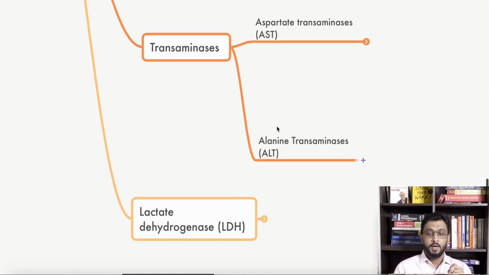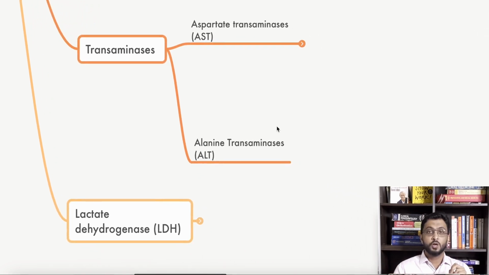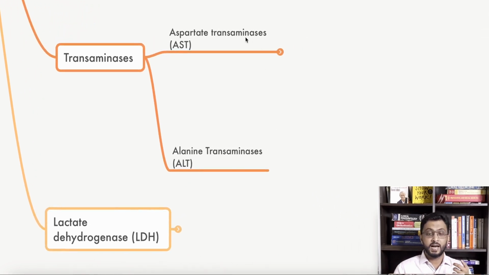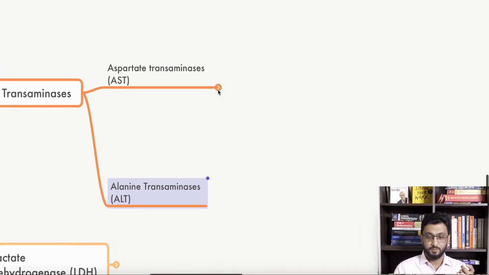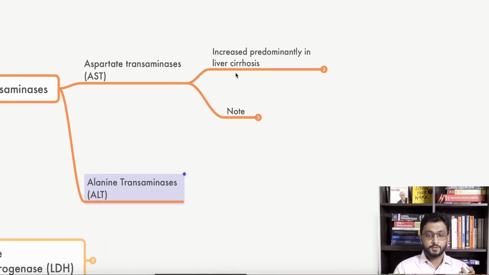That's the key. Another enzyme group you have to notice: transaminases, which are aspartate transaminase and alanine transaminase. Aspartate and alanine are amino acids, from biochemistry. Now, AST and ALT are increased in liver cirrhosis, but AST is increased more than ALT.